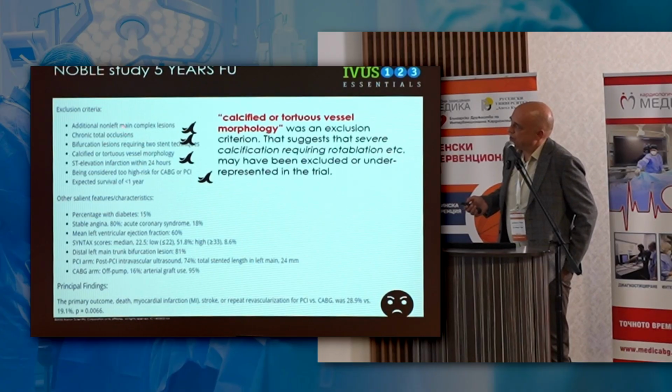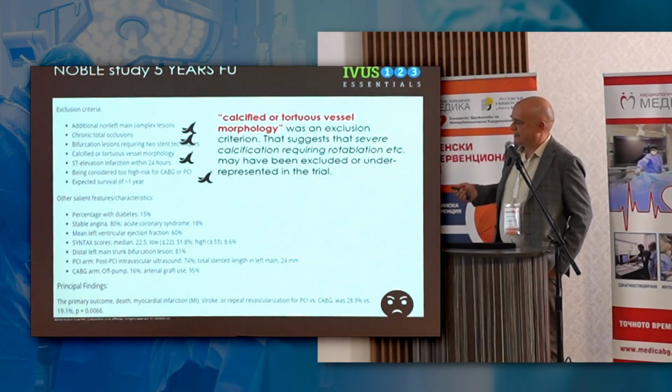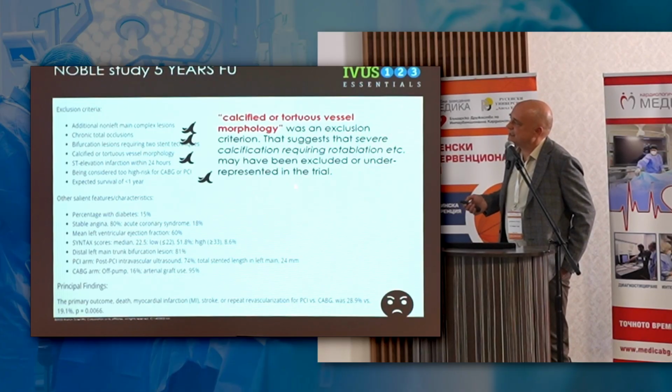Exclusion criteria were an additional non-left main complex lesion, chronic total occlusion, and calcified or tortuous vessel morphology. It means that if the lesion required rotablation, it wouldn't be enrolled in the study.